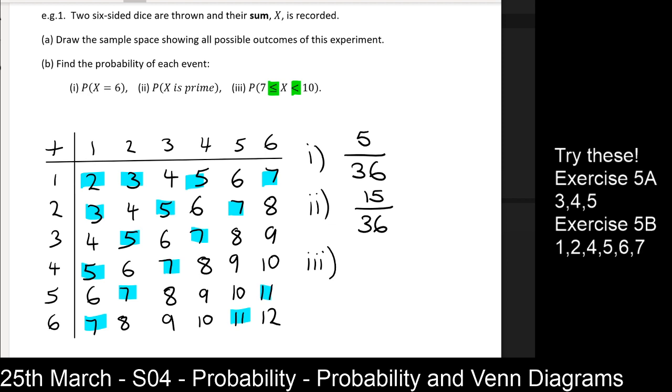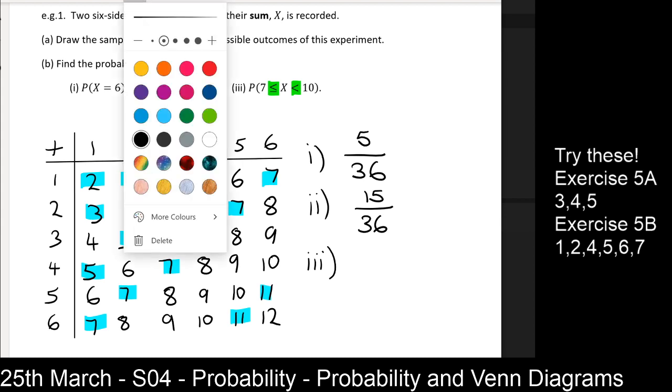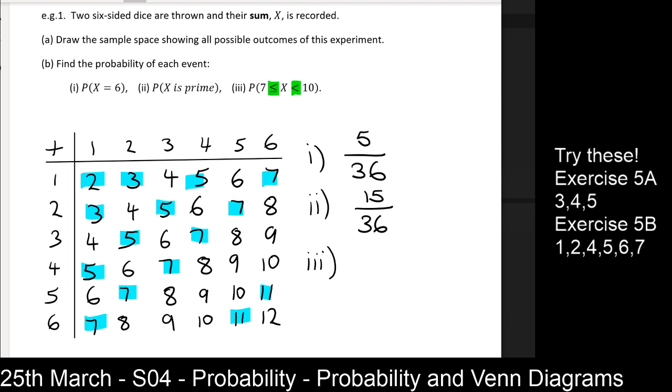So this means for this inequality here, I include the 7, but I don't include 10. So what I do is just work out the probability that it could be 7, 8, or 9. So I count how many 7s I've got, how many 8s I've got, how many 9s I've got. That's 15 altogether. And then just divide it by 36 there at the end.